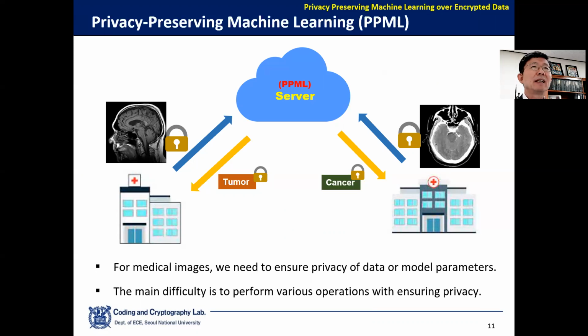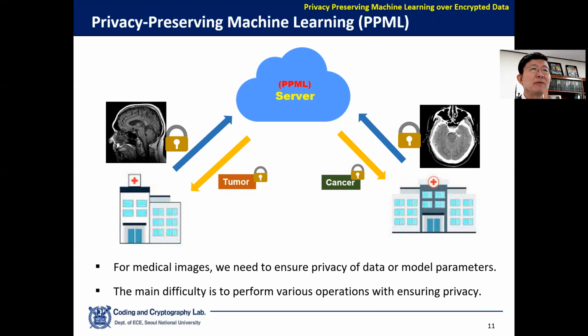Then it sends the encrypted result of PPML back to the hospital, and the hospital decrypts the result received from the server. Then they decide whether it is a tumor or not.